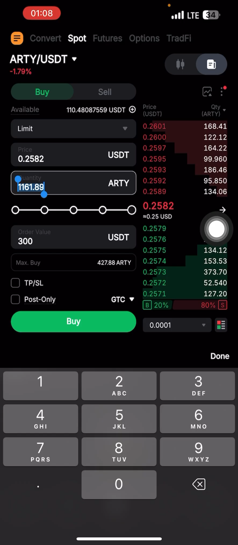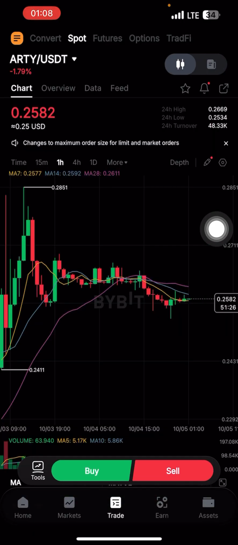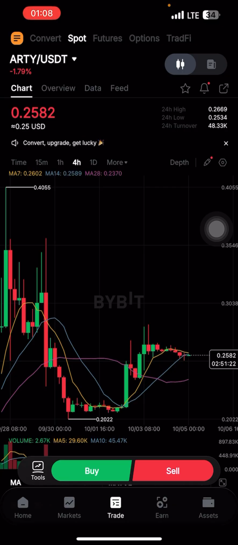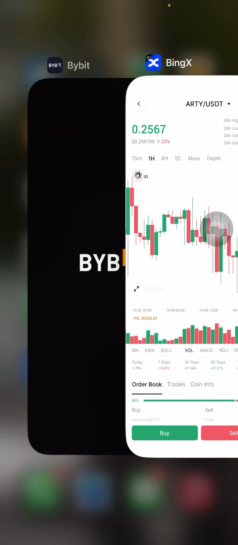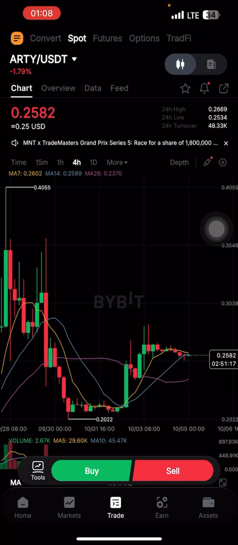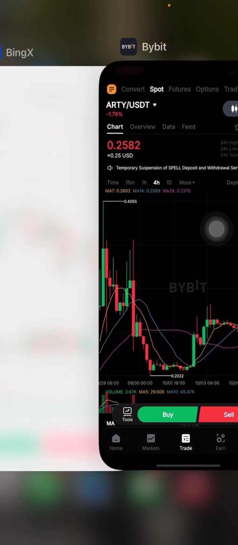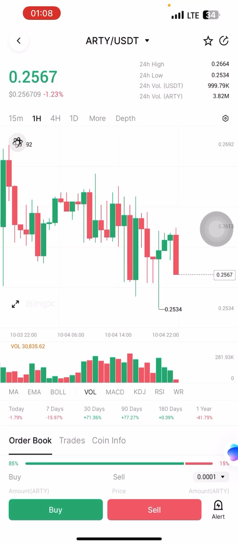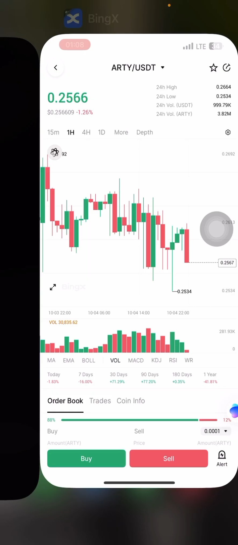So if I come to year 2, you see, so that's how arbitrage is. So consider right now here's 0.2582, and here's 0.2567.